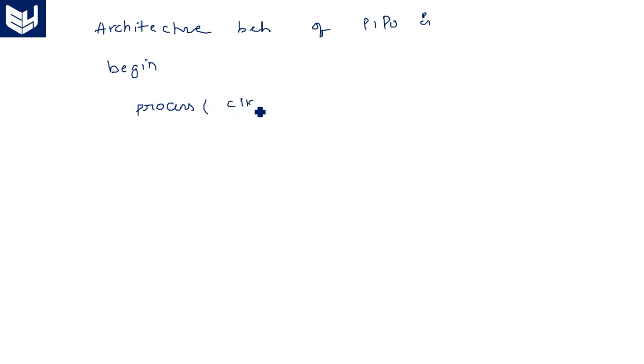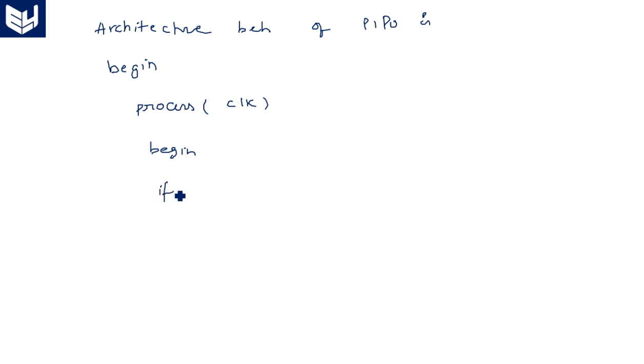Now coming to the architecture: behavior of parallel in parallel out is begin, process, and the signal inside the process sensitivity list which changes the output is nothing but the clock only. Again begin.